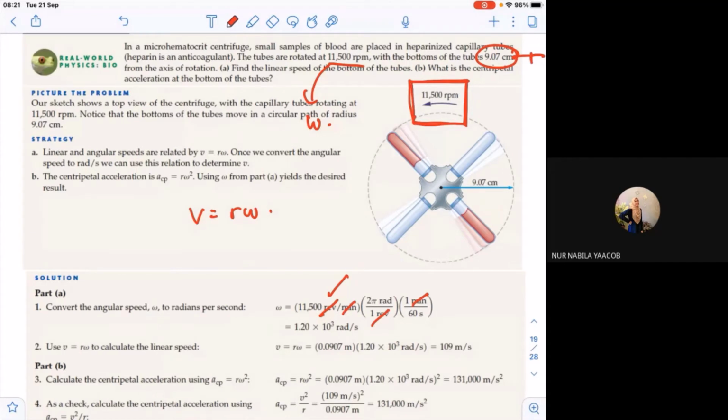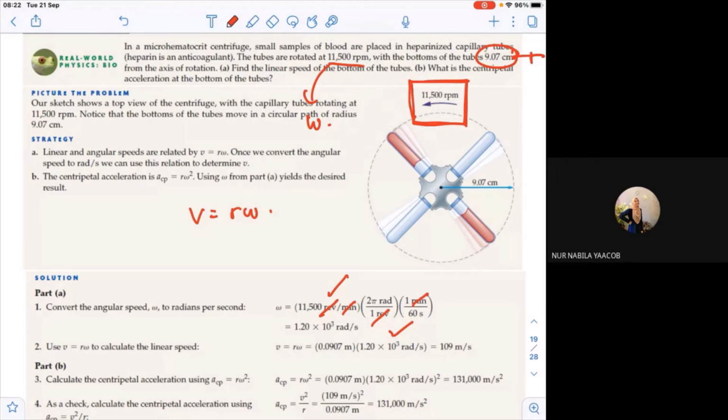Then 11,500 times 2 pi radians over 60 seconds gives about 1,200 radians per second.